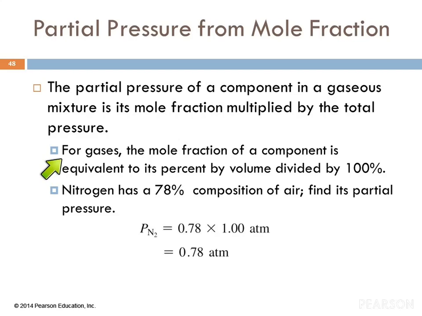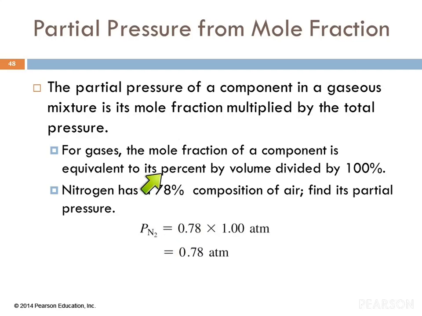Another interesting bit for gas is that the mole fraction of a component is equivalent to its percent by volume divided by 100%. Nitrogen has a 78% composition of air. What kind of a sentence is that? Air is 78% nitrogen. That's what that means. That means that the mole fraction of nitrogen in air is 0.78.